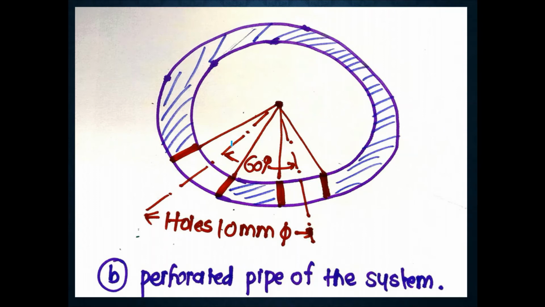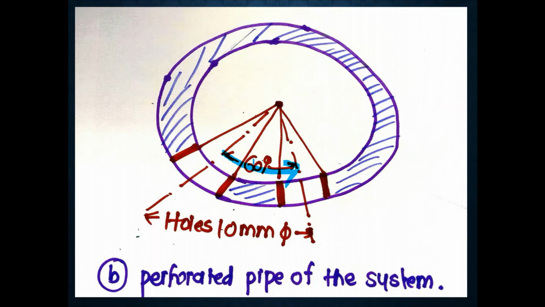When the filter is in operation, it collects filtered water through those holes or openings. And when the inlet and outlet walls are closed and repair and maintenance is carried out, the compressed air will pass through those openings, and the wash water will also pass through those holes. This is the advantage of the perforated pipe system. And see the angular distance between two holes.